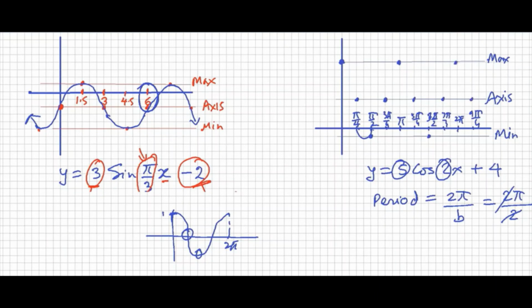So let me join these with a graph. So it will start from somewhere here and then it will come. And that's it. This is the graph of y equal to 5 cos 2x plus 4.